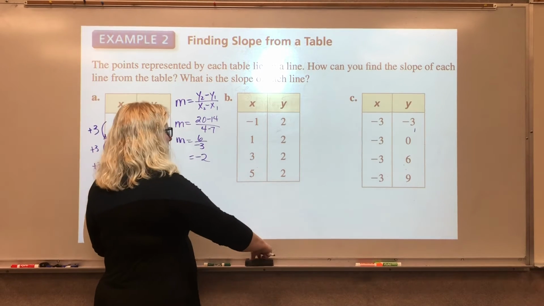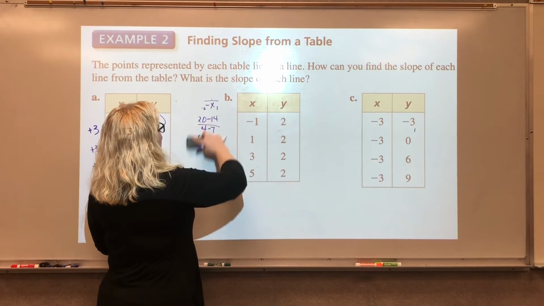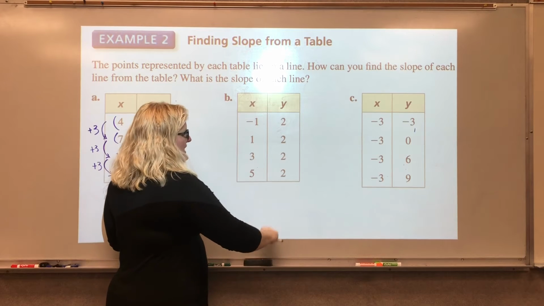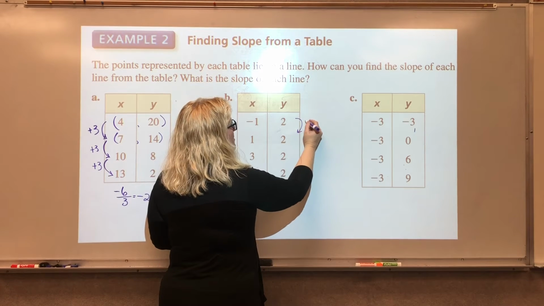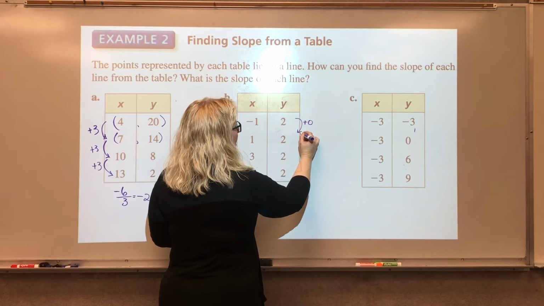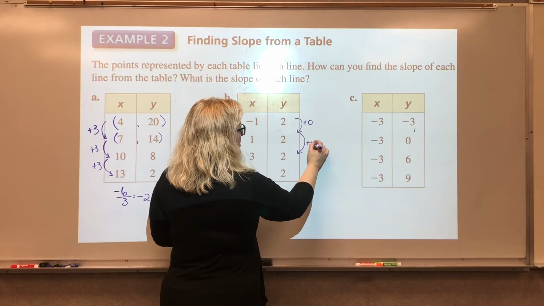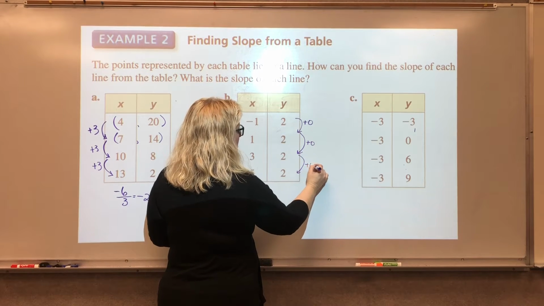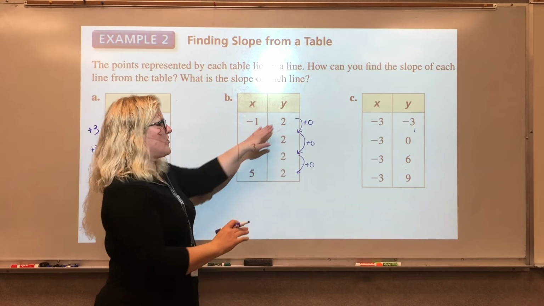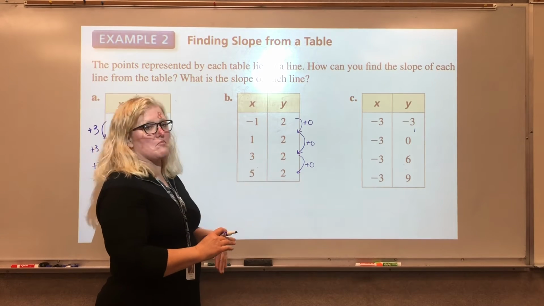Okay, over here we have a unique situation, and that is that our y value doesn't change. So it doesn't really matter what's going over here. These are all the same number.